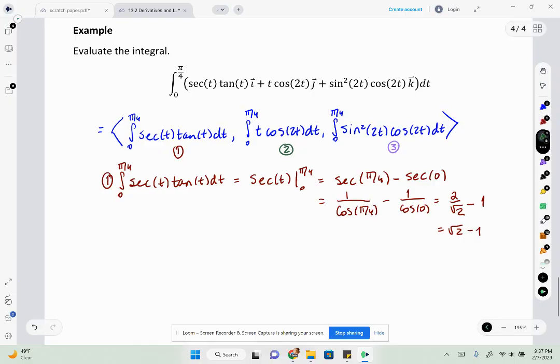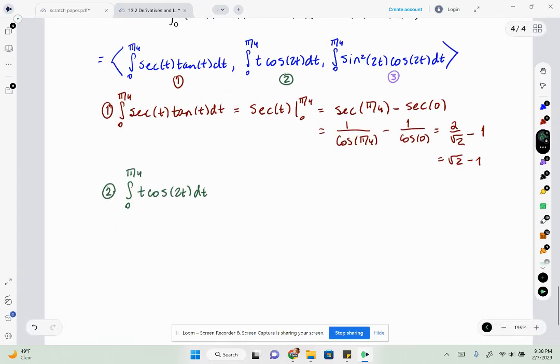That's the first one. The second one, we have the integral from 0 to pi fourths of t cosine of 2t dt. Now this one brings up some old memories maybe of a method called integration by parts. Anytime we have a polynomial function times a trigonometric function, we'll have to use integration by parts.